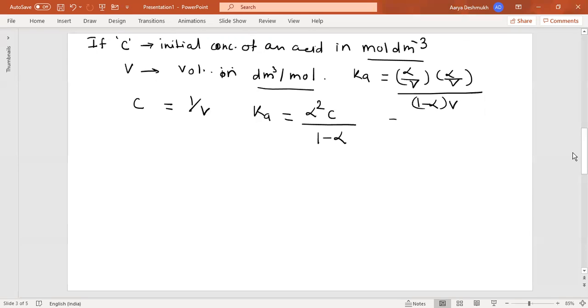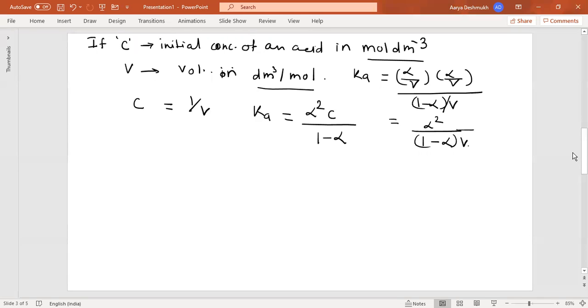Now you can further simplify it as alpha square. V will get cancelled, and it remains 1 minus alpha into V. So it is left with alpha square divided by 1 minus alpha into V.